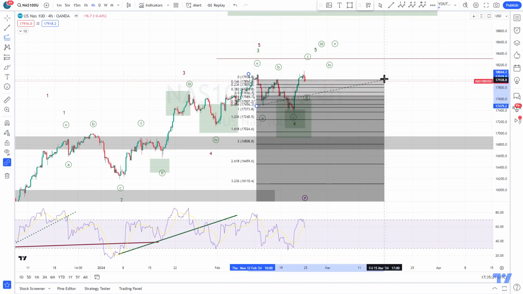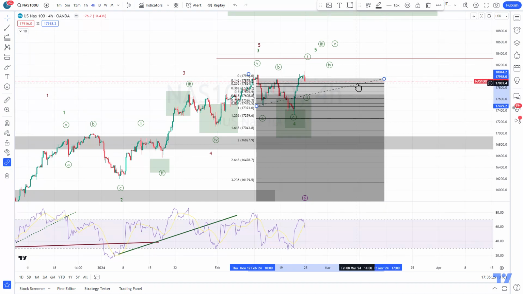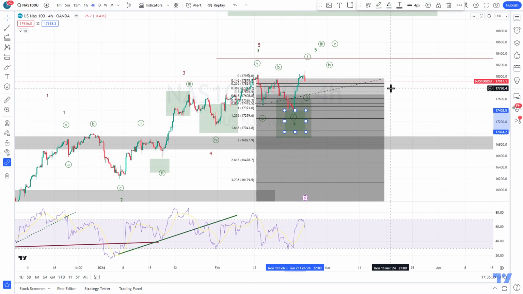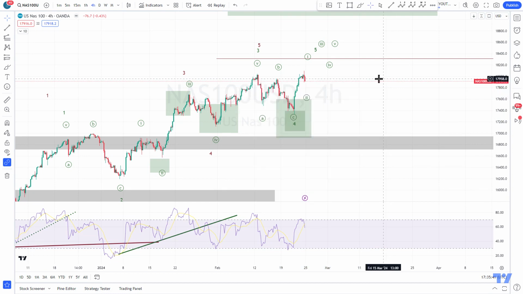If we take the length of the wave A, the length of the wave B, then this area between the 1 and the 1.618 FIB extension. Yeah, perfect reaction from this area.